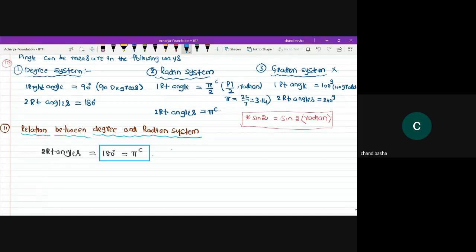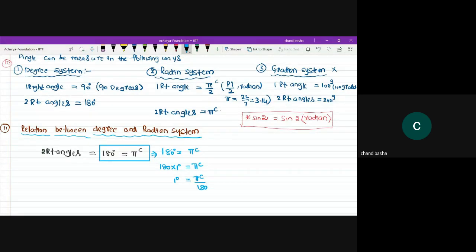From this, what can I write? Suppose you want to convert the degree system to the radian system or the radian system to the degree system, we can make use of the following multiplicative factors. 180 degrees, I can write it as, see guys, 180 into 1 degree is equal to pi radian. Now, 1 degree is equal to pi radian divided by 180.